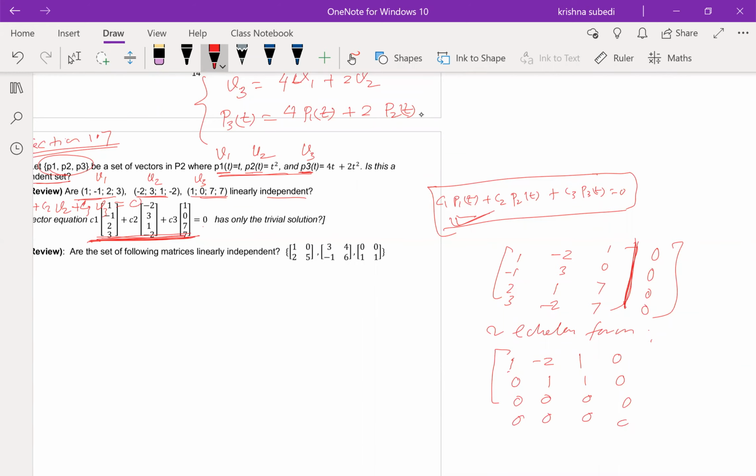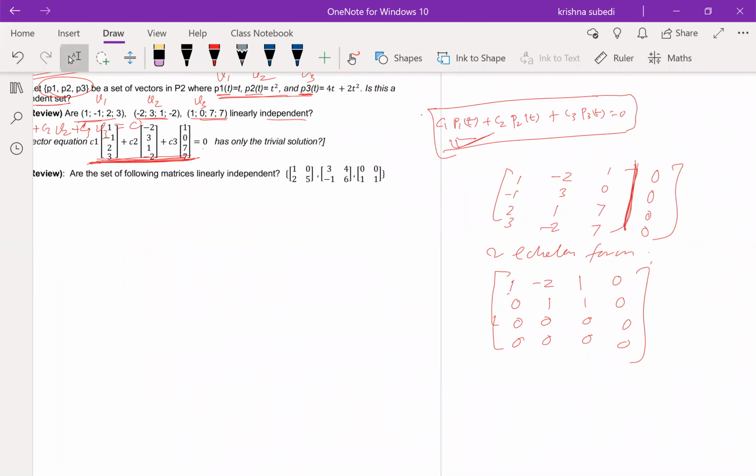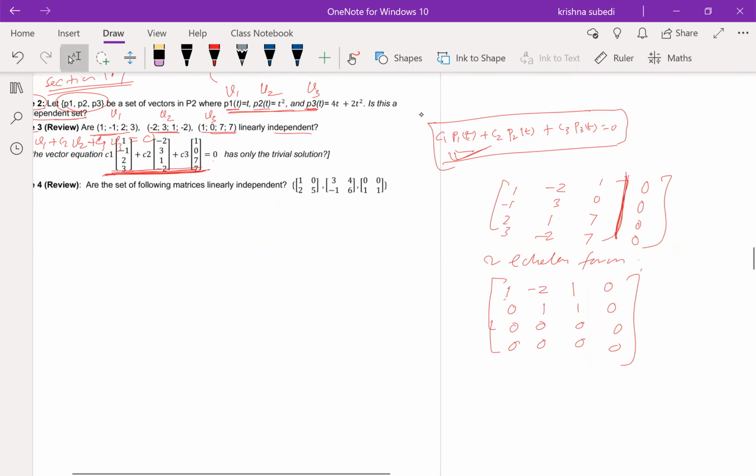This is what I got. So we are doing this Example 3. Now, is there any free variable? Yes, X3. X3 is free.